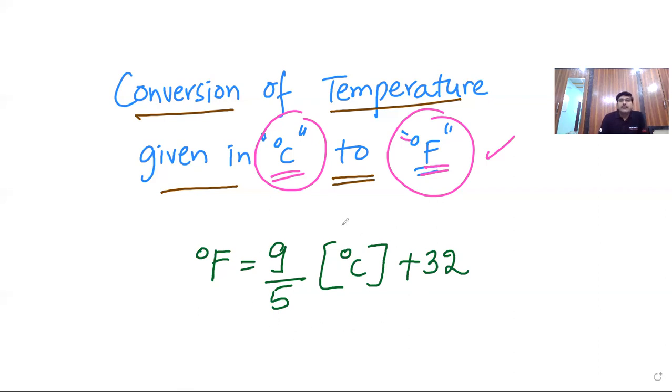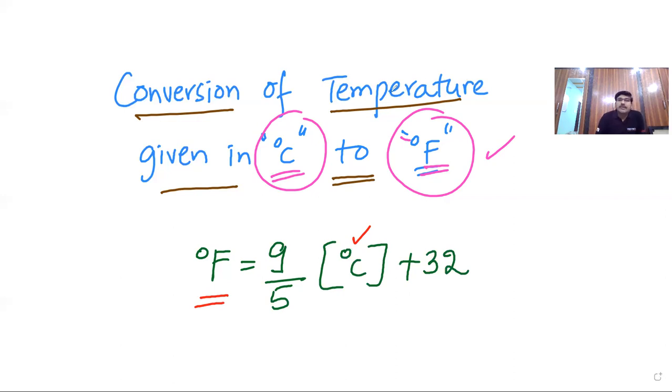This is the formula. If you are given degree centigrade, simply multiply that degree centigrade with 9 by 5 and add 32 to it. Automatically, it will be converted into Fahrenheit.